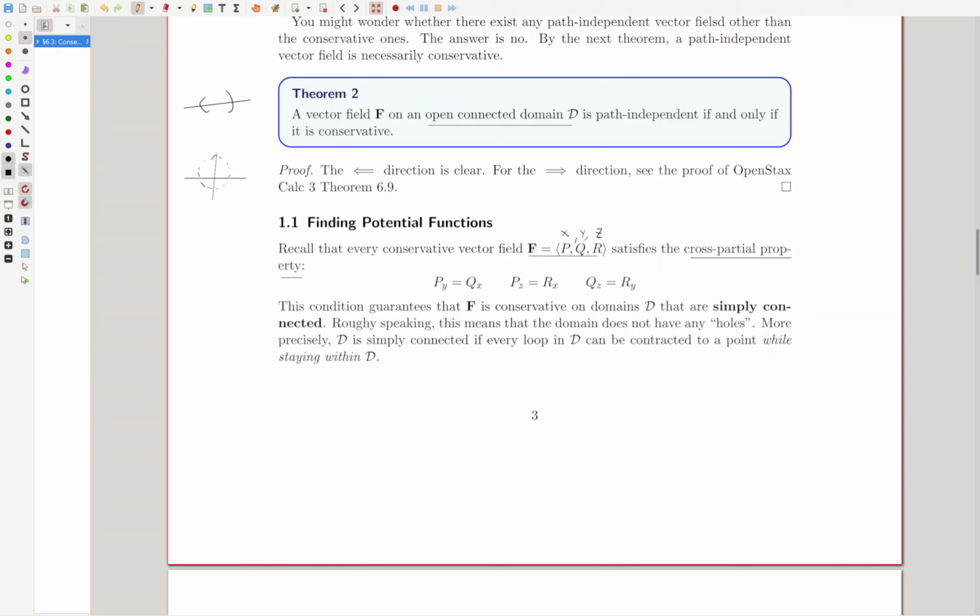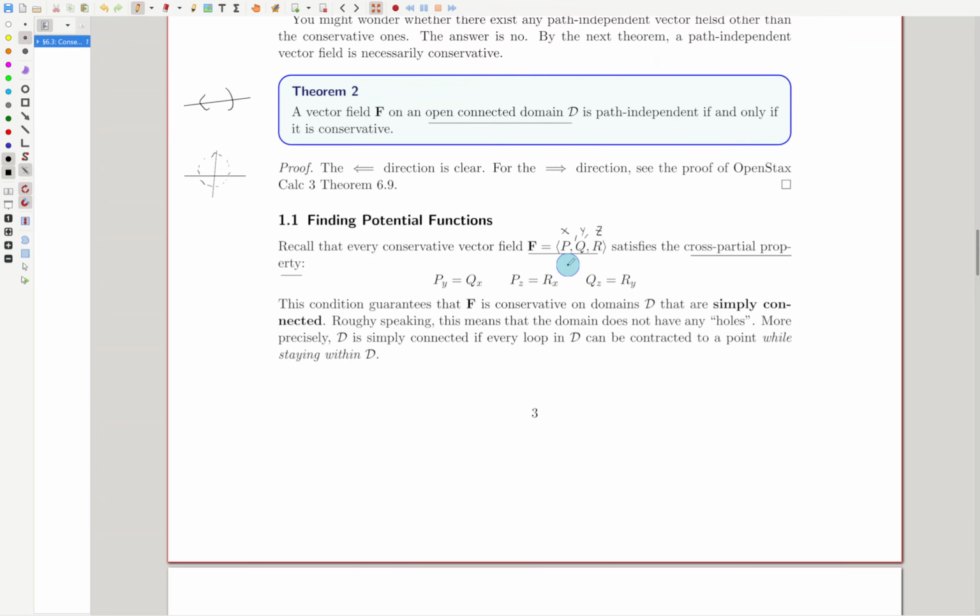The cross partials, the mixed partials, are where you pick two of these component functions and swap which variable you're taking the derivative with respect to. So when we select P and Q, we do P sub Y and Q sub X, and those are supposed to be equal.